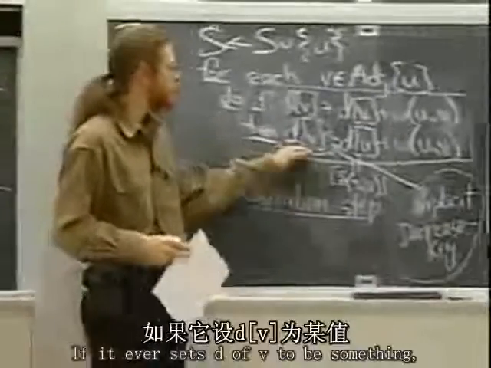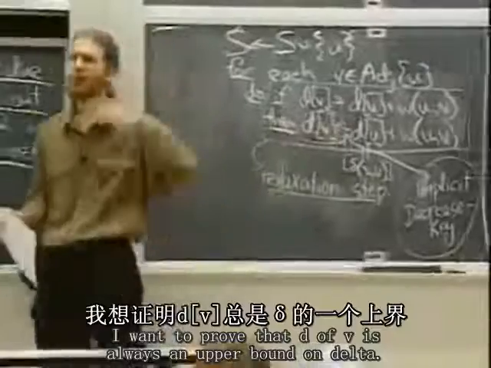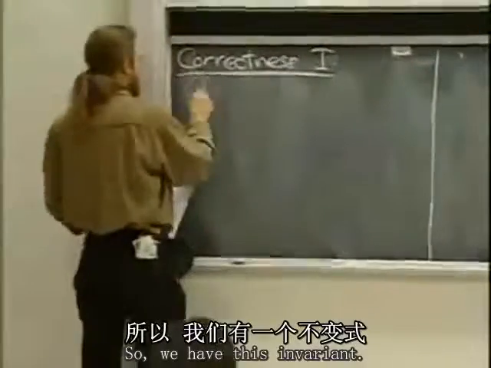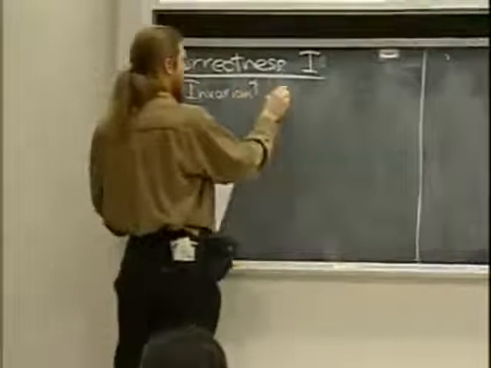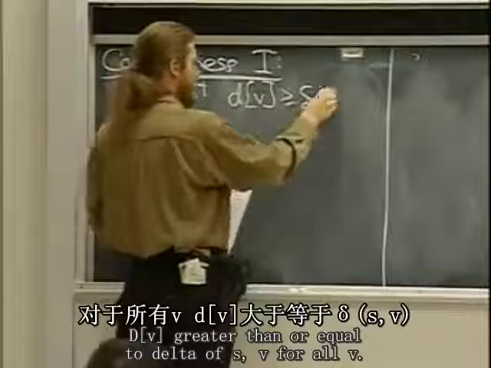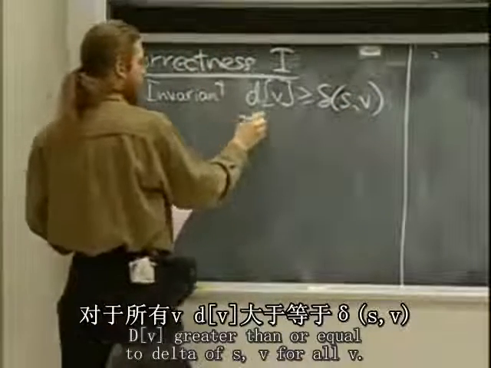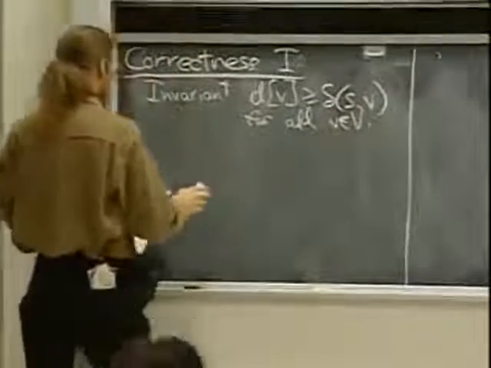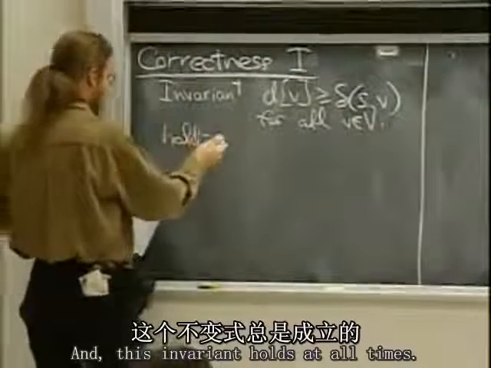If it ever sets d of v to be something, I want to prove that d of v is always an upper bound on delta. So we have this invariant. D of v is greater than or equal to delta of s comma v for all v. And this invariant holds at all times.